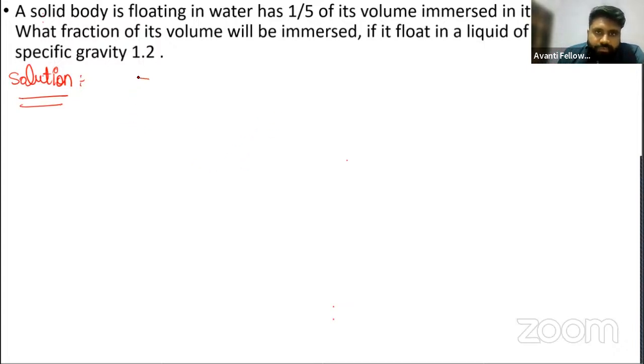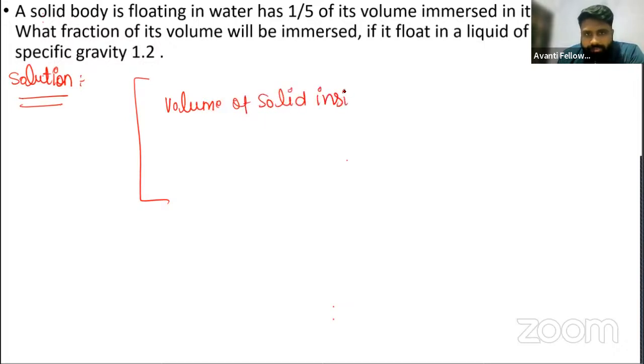The concept that we're going to use in this is the volume of solid inside the liquid, let's say fluid, equals to the volume of displaced water.